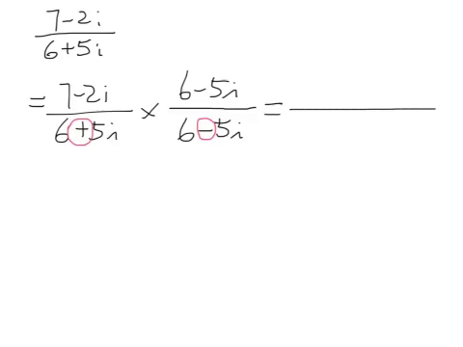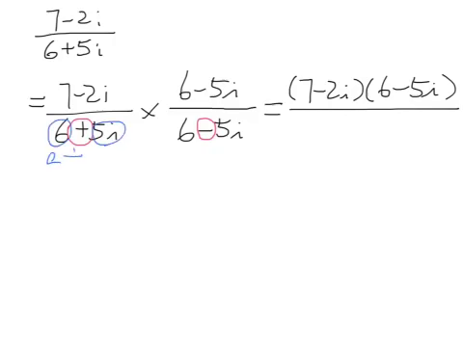Then what do you have? On the top you will have 7 minus 2i times 6 minus 5i. Now on the bottom, notice that you have a plus b times a minus b, right? Which is basically a squared minus b squared, if you remember.